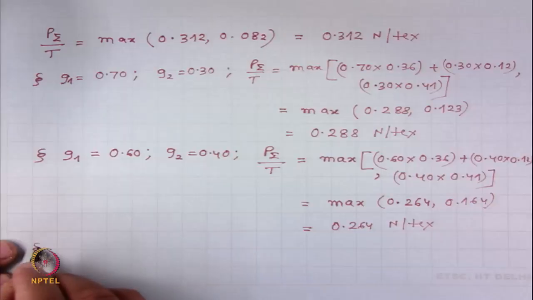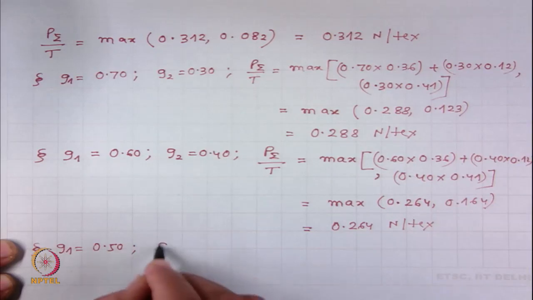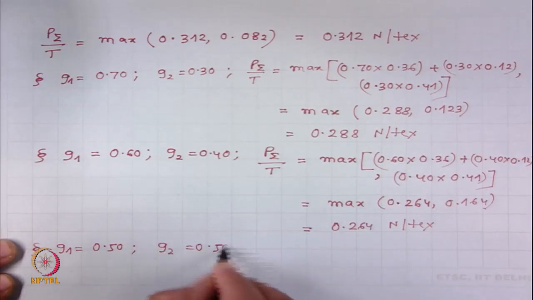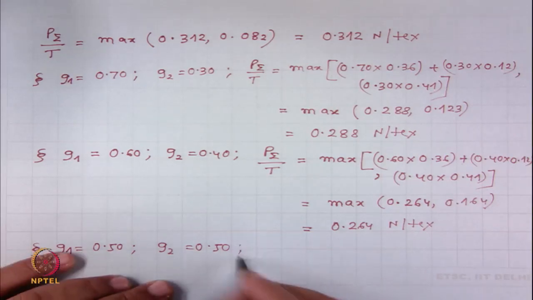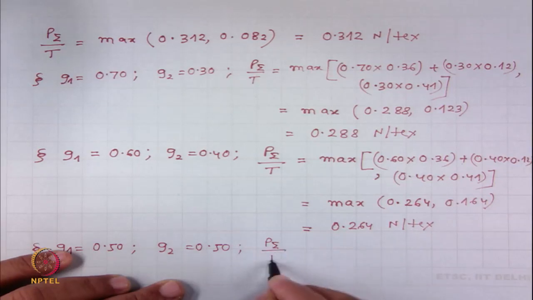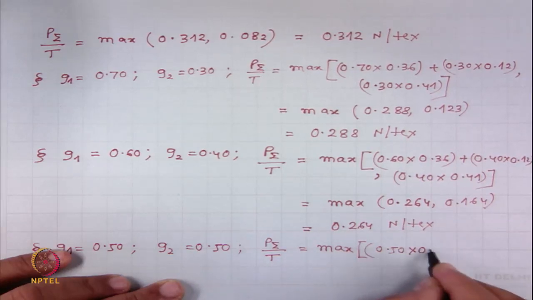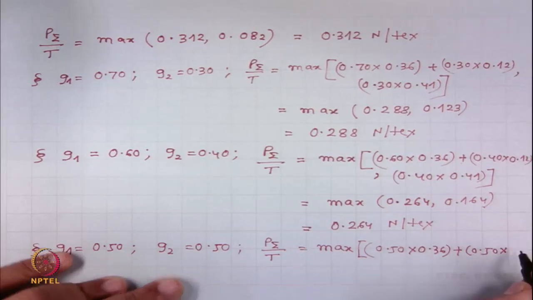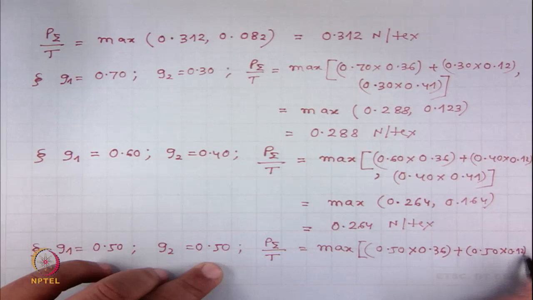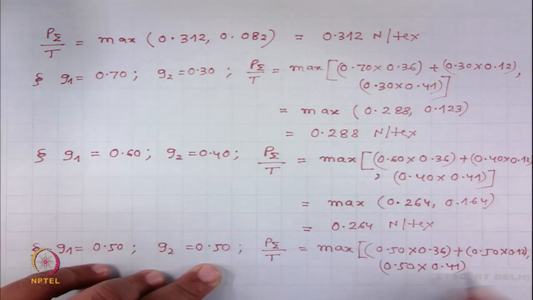Now, we come to the next one, 50-50. What will be the bundle tenacity at the 50-50 blend ratio? The maximum of 0.50 into 0.36 plus 0.50 into 0.12, comma, 0.50 into 0.41.